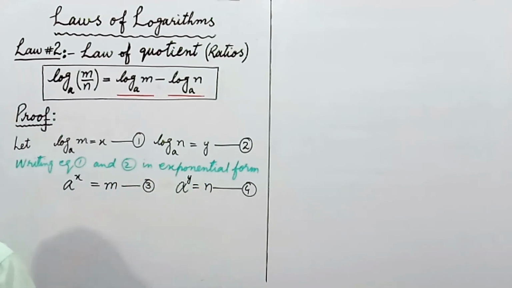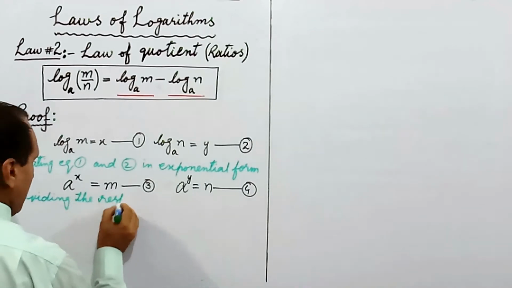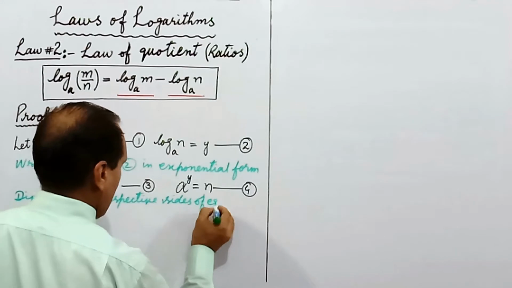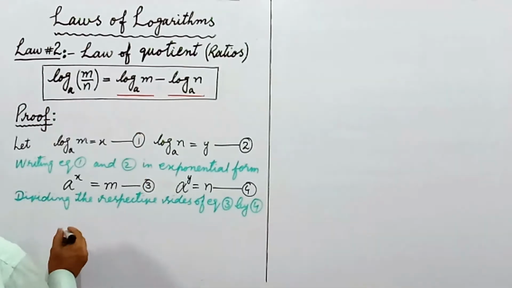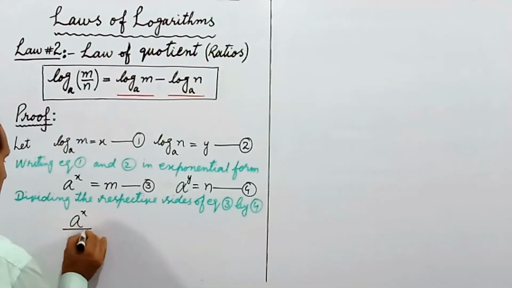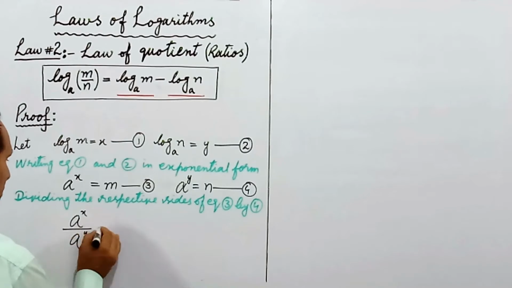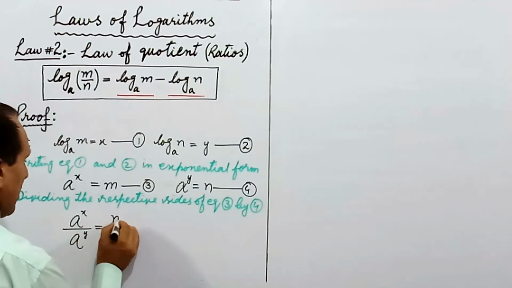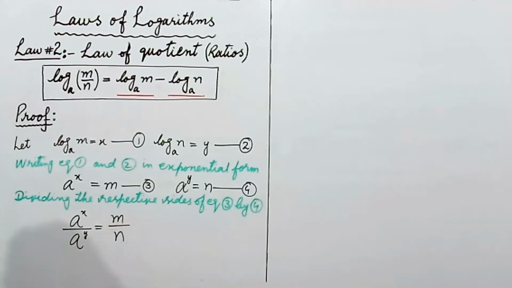By dividing equation 3 by 4, we have a raised to power x divided by a raised to power y, and that is equal to m divided by n. We observe that we have the same bases on the left hand side in a ratio, so we apply the law of quotient of power with same base.